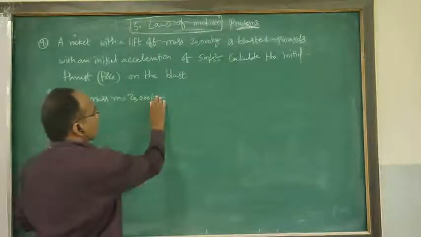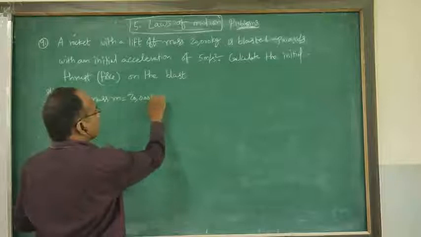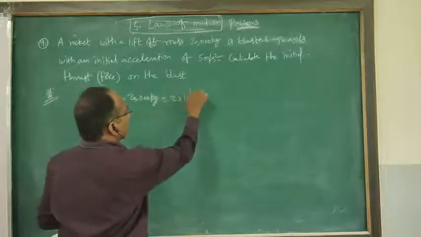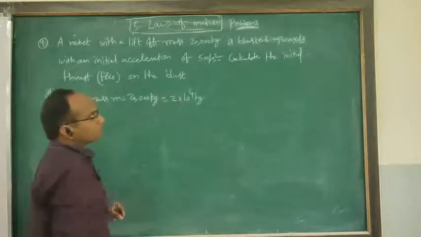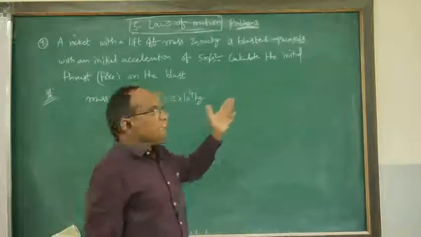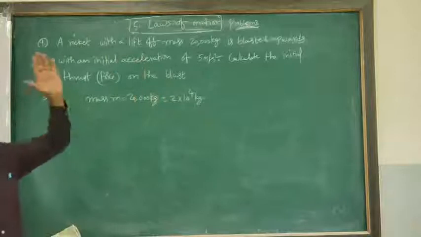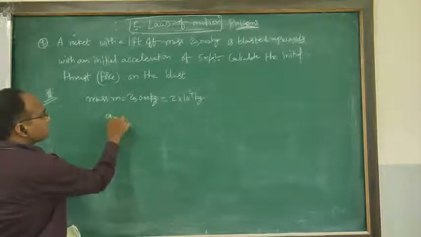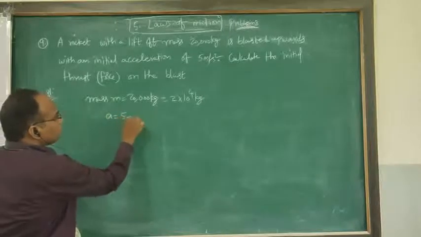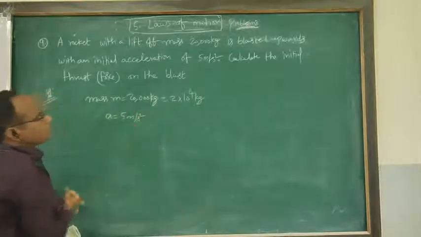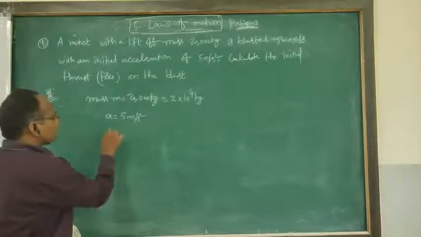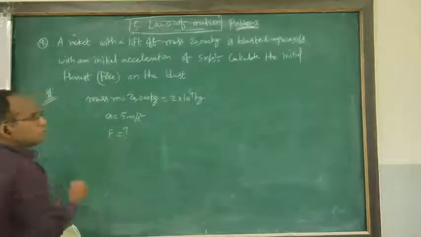We can write 20,000 kg as 2 into 10 to the power of 4 kg. It is blasted upwards with an initial acceleration of 5 meter per second square. Calculate the initial thrust. Thrust is nothing but force. Force is equal to question mark.